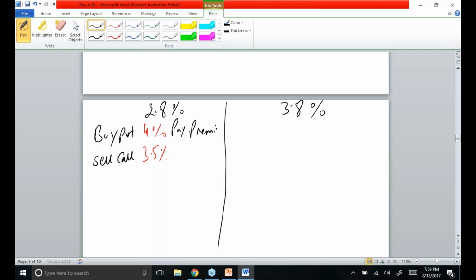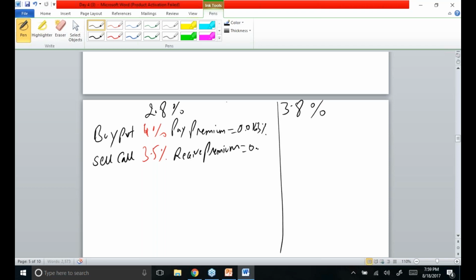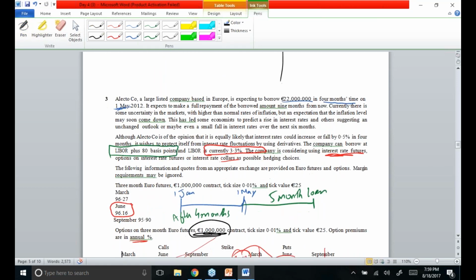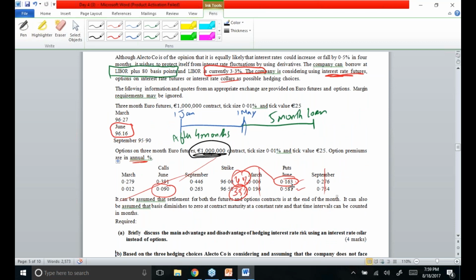Pay premium, receive premium. And premium was 0.163%, 0.09%. I think these are the right figures. 0.163 you are going to pay, 0.09 you are going to receive.